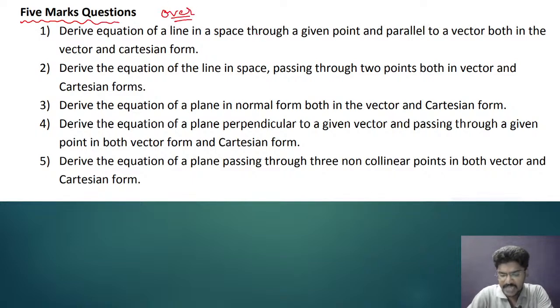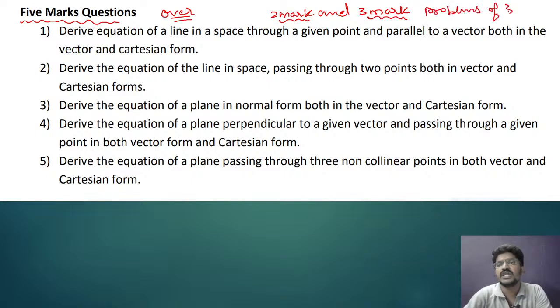Now next I have to go for 2 mark and 3 mark problems of 3D. I will continue with those 2 mark and 3 mark problems in the next session, and we can meet in the next session, that is tomorrow.